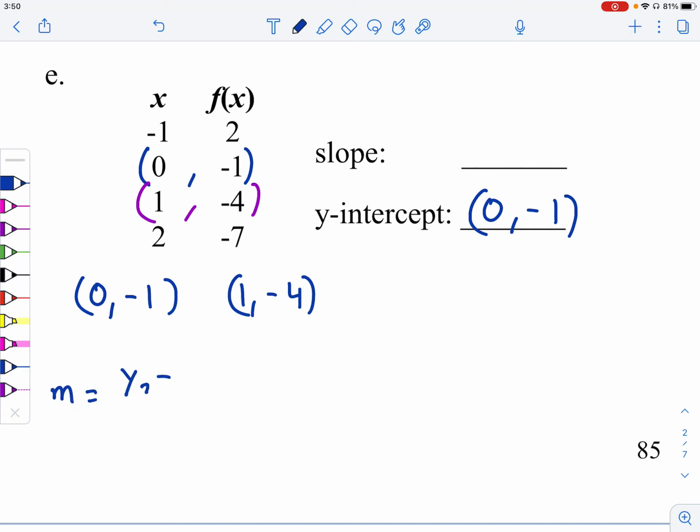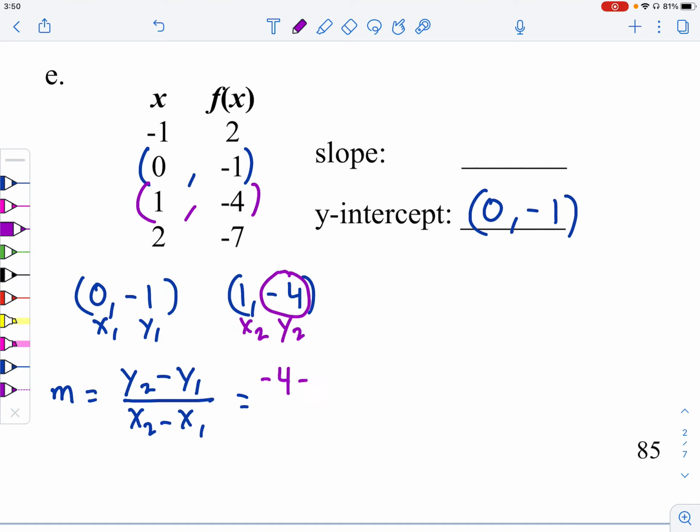Use our y2 minus y1 over x2 minus x1. Label it x1, y1, x2, y2. So y2 is -4. We're going to subtract our y1, which is -1, our sign, over x2, which is 1, minus x1, which is 0.